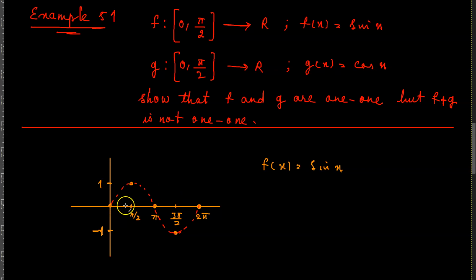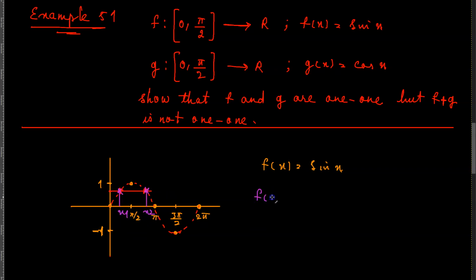Meaning that if the domain is limited to, for example, 0 to 2 pi, you have the same output on these two points on the graph of the function, and you have the same output here and the same output here, but the x's are different, meaning that let's call this x1, and let's call this x2.